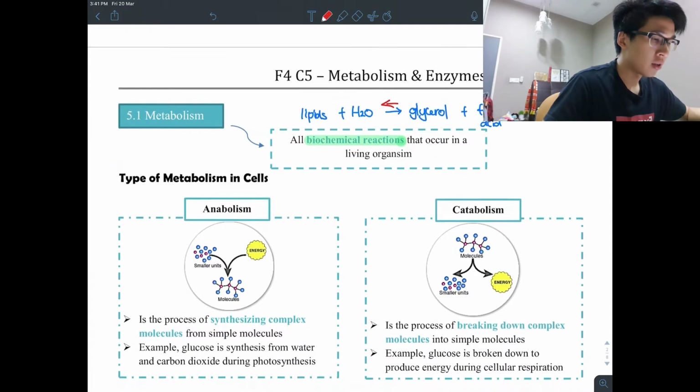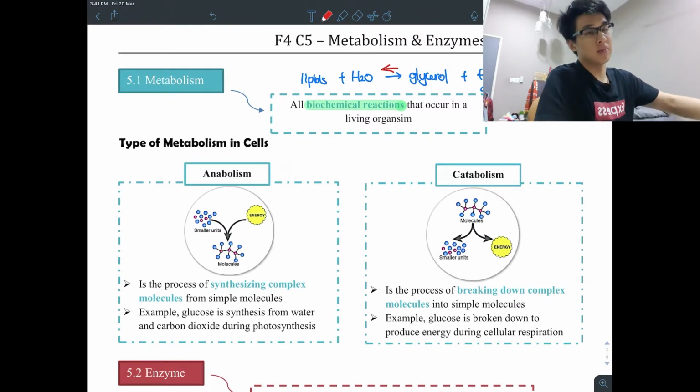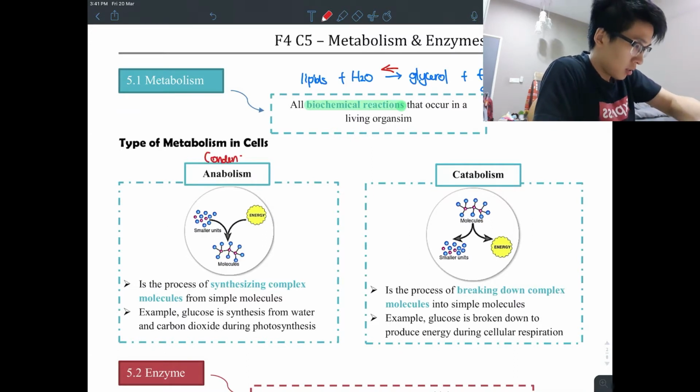Here there are two types of metabolism: anabolism and catabolism. One example of anabolism is what we just mentioned, condensation, where I use smaller molecules to form a larger molecule.